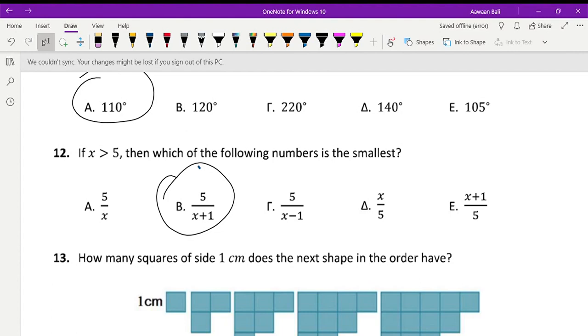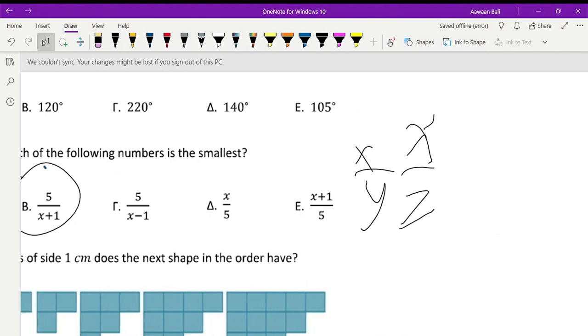If we have the same numerator, say x upon y and x upon z, if y has a smaller denominator, then it's a bigger fraction. And if z has a bigger denominator, then it's the smaller one.